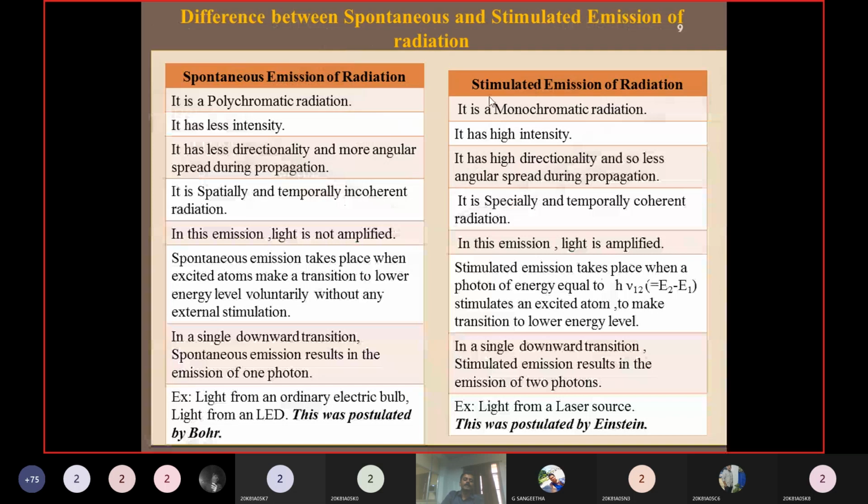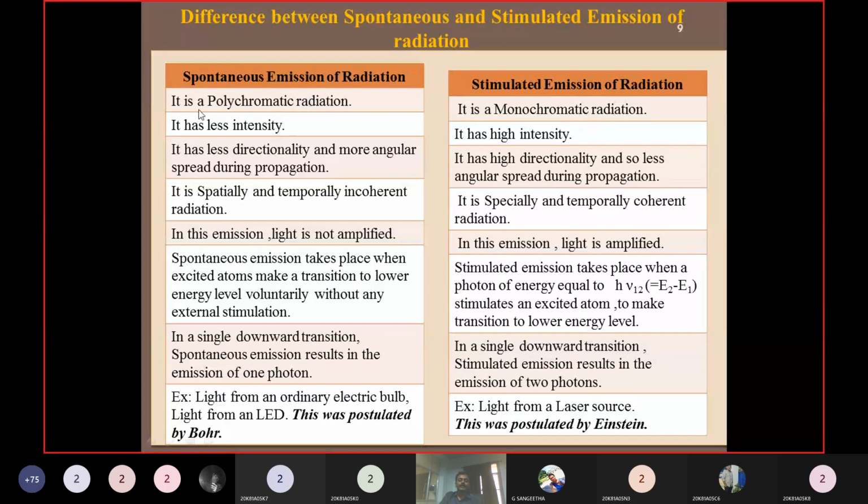Now we will discuss the comparison between spontaneous emission and stimulated emission. In the case of spontaneous emission, the emitted light is polychromatic radiation.